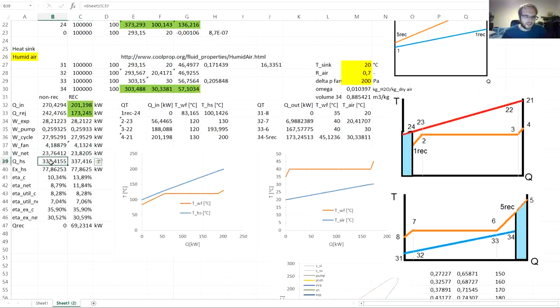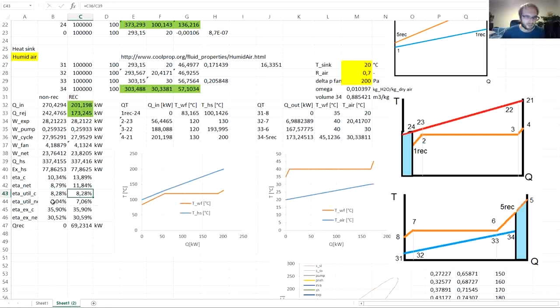Now for the heat source, both for the energy and exergy content, well, we did not do anything to the heat source, so these parameters remain the same. As I said, the cycle efficiency increases quite considerably because we have much lower heat input, but the utilization efficiency is the same.